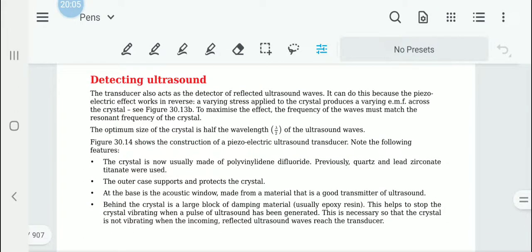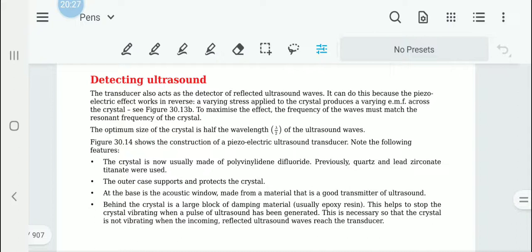Now we have to detect this ultrasound that comes. So we heard that the transducer itself will act as the detector. This is possible because the piezoelectric effect works in reverse as well.